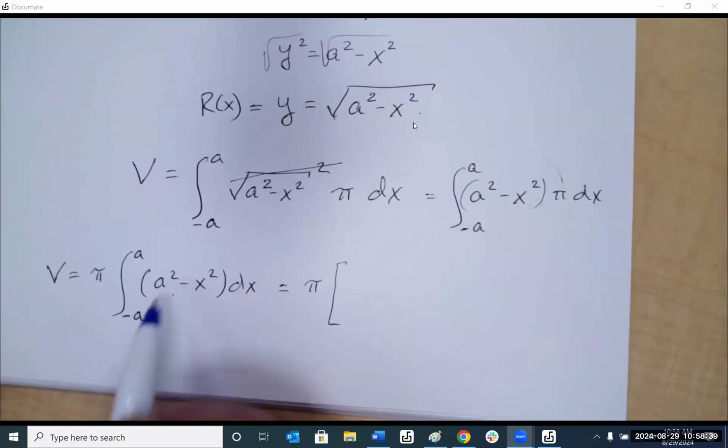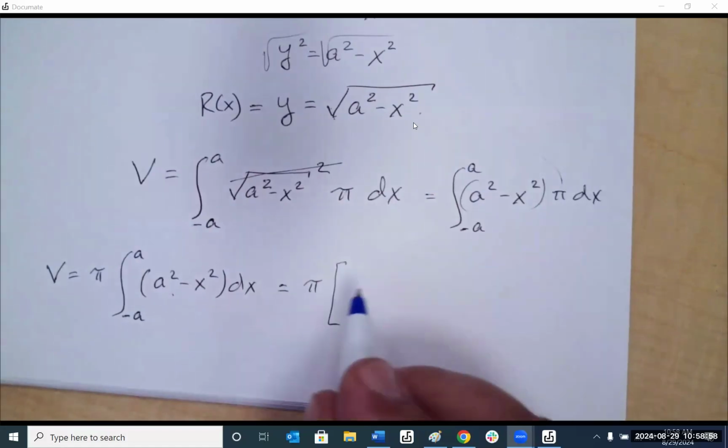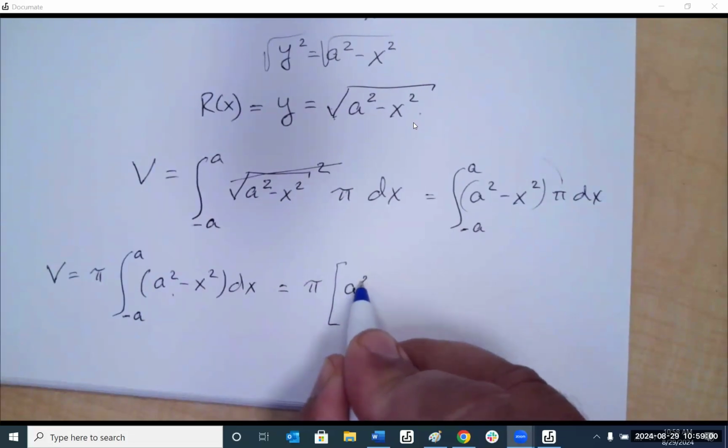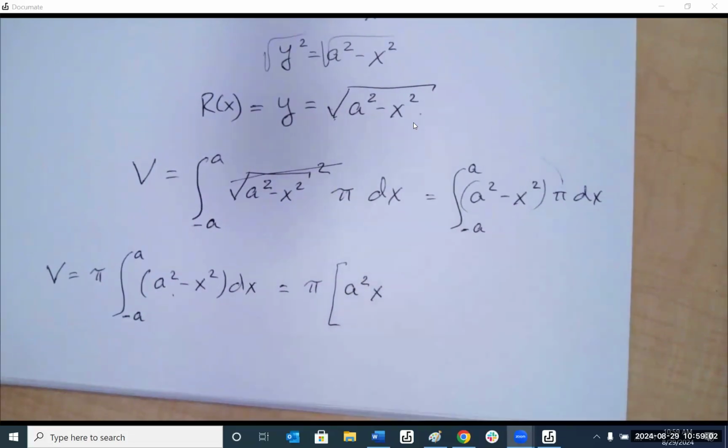So the integral of a squared is what? No, because we're integrating with respect to x, that's a constant.